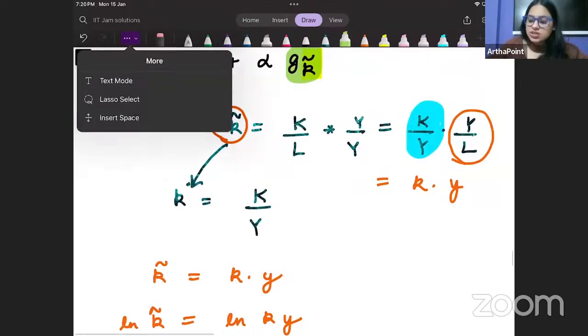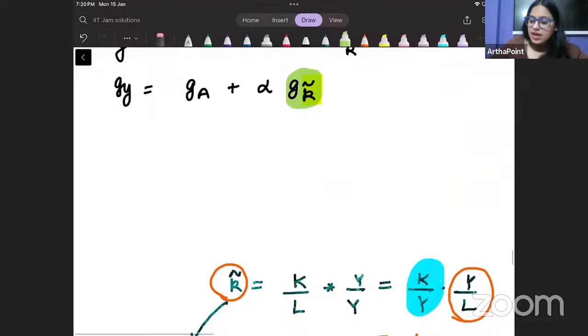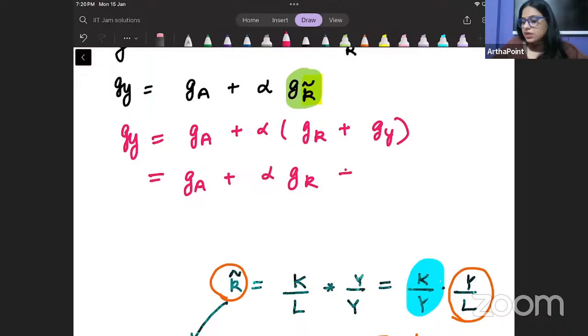That is why we just did this. तो अब यहाँ से just इसको simplify कर लेते हैं. If I just replace this, I will get growth rate of y is equal to growth rate of A plus alpha, growth rate of k plus growth rate of y. So I will get growth rate of A plus alpha growth rate of k plus alpha growth rate of y.